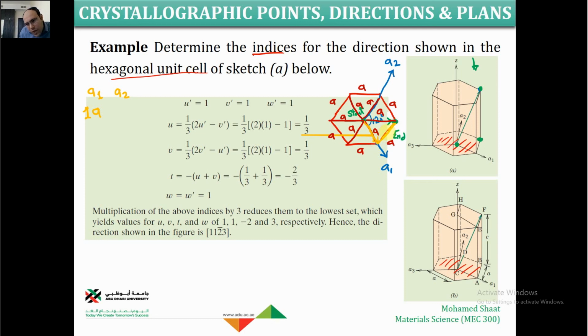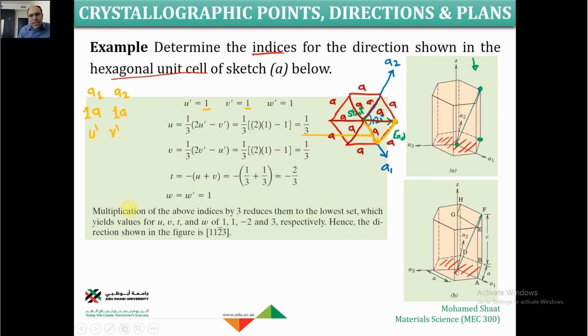I'm going to move 1A as well, the entire edge. And both are positive. Why positive? Because you move positive A1, positive A2 till you reach the end point. So I specified A1 and A2 and how long along these directions. This means that U prime is going to be 1 and V prime is going to be 1.